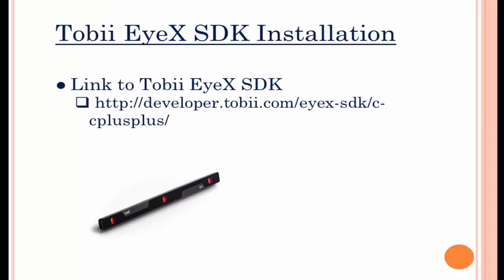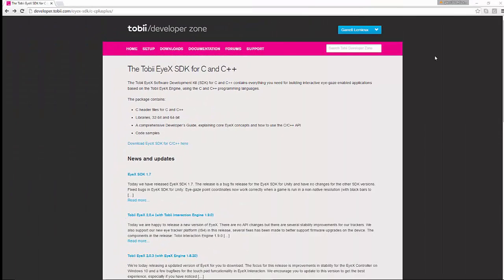The next SDK we will install is Adobe iX. Here is a link to install the Adobe iX SDK. First, you're going to have to create an account to download the SDKs. From here, press the Download iX SDK for C and C++.